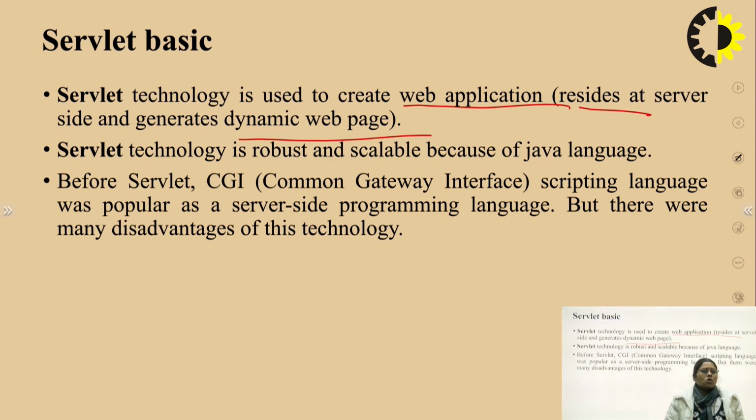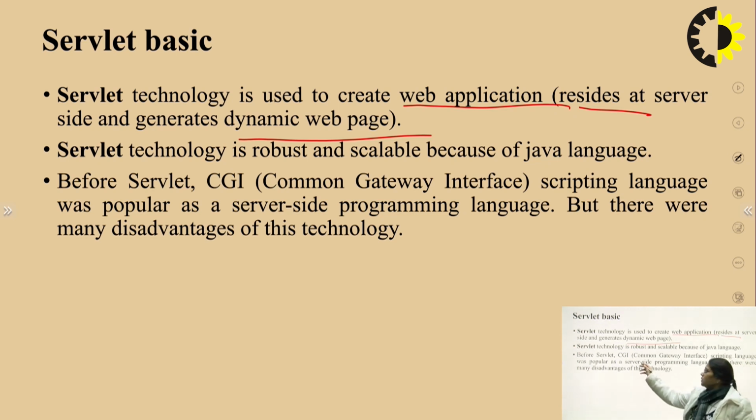CGI is also a server-side technology, but it uses C or C++. That's why nowadays we are not using this CGI technology. Instead of CGI, we are now using servlet technology, because the servlet is written in the Java language.